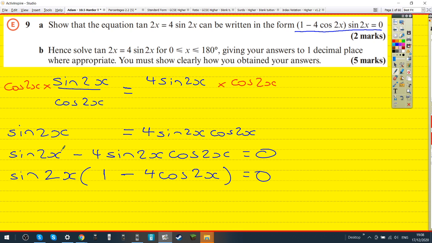Any idea how to start the next one? So I've got it to sine 2x equals 4 sine 2x cos 2x. Is that right? No. How would you solve this one?